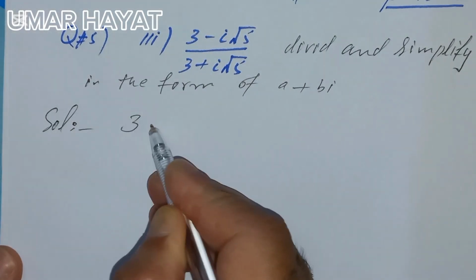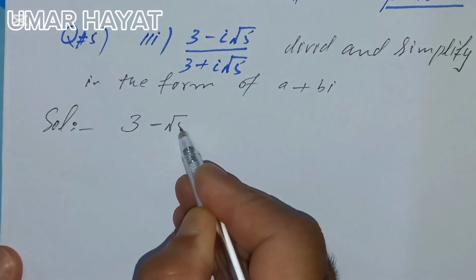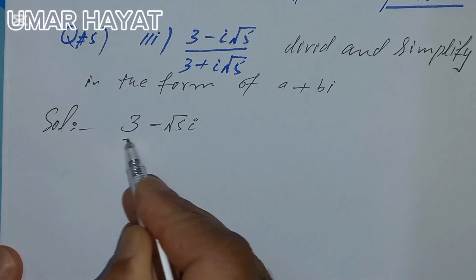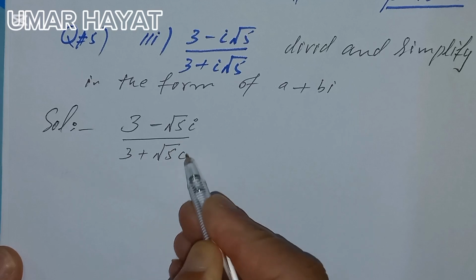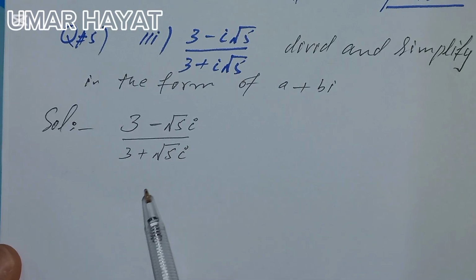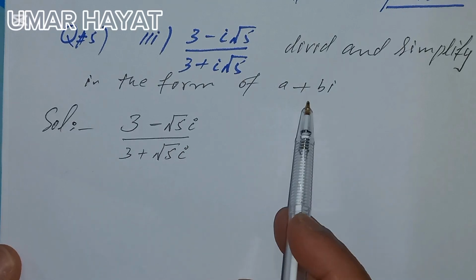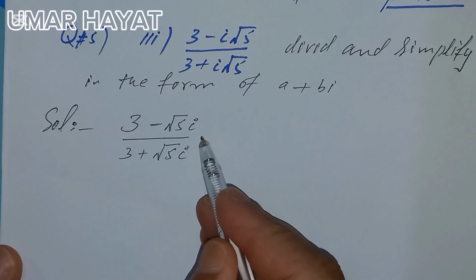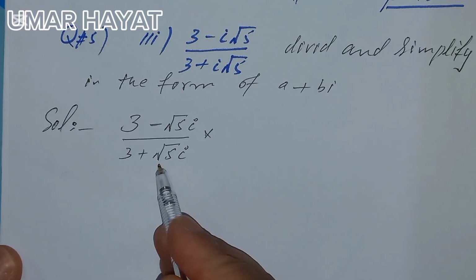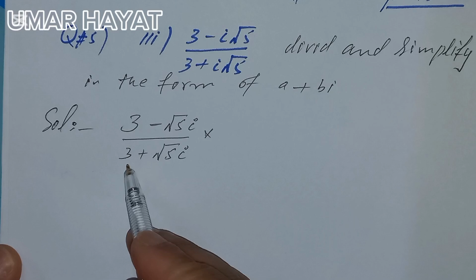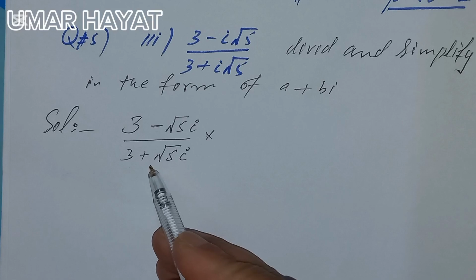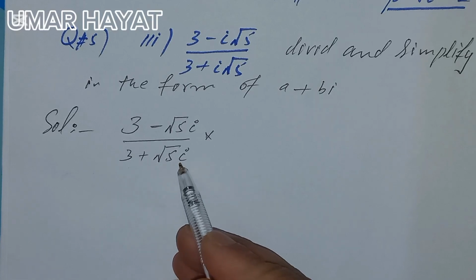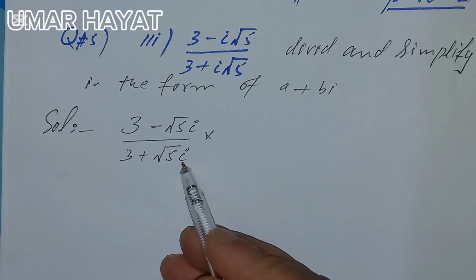Write again 3 minus under root 5 iota divided by 3 plus under root 5 iota. In order to write this into a plus b iota form, we multiply this by the conjugate of this number. Conjugate is what? For conjugate we only change the sign of the imaginary part of the complex number.